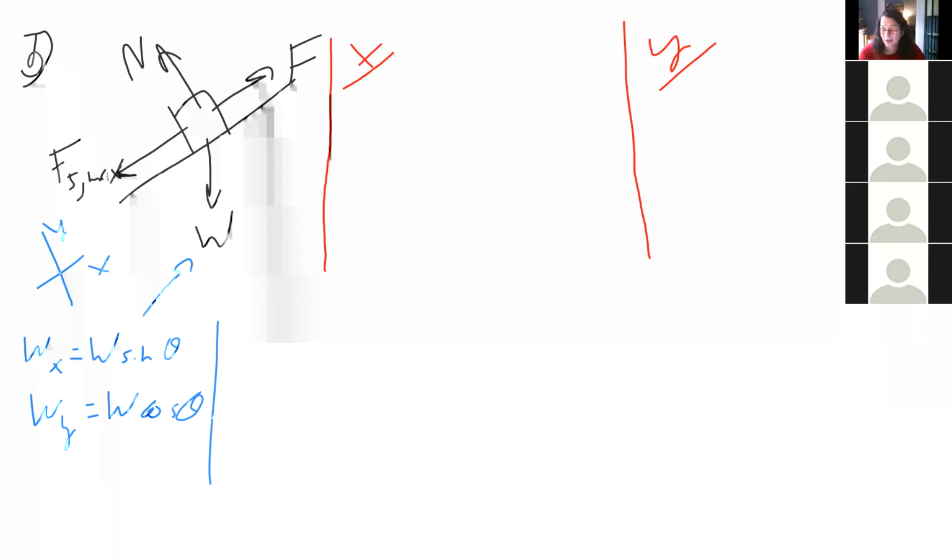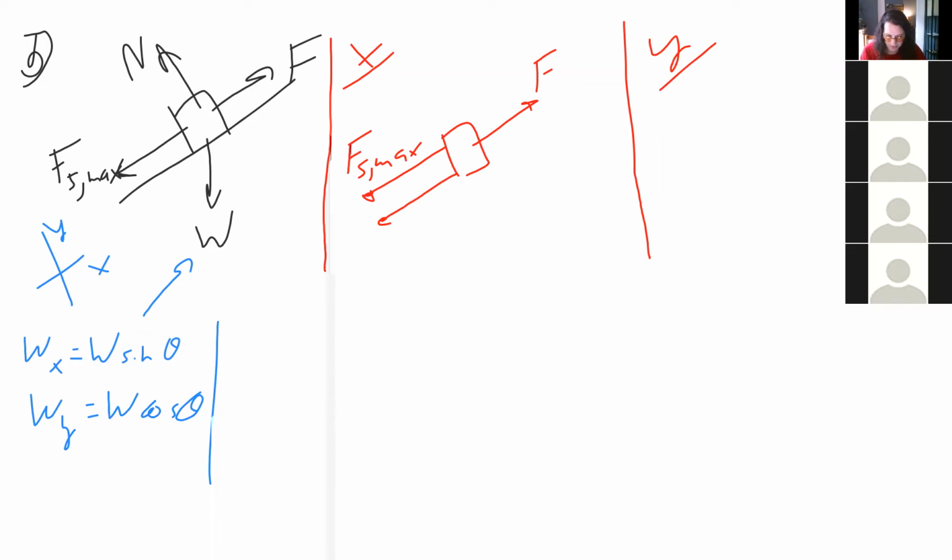The x dimension is parallel to the incline. In other words, we have our block, we have the applied force up the incline, we have the force of static friction down the incline, and then we also have, as I mentioned, a component of the weight. It'll be W sine of theta.